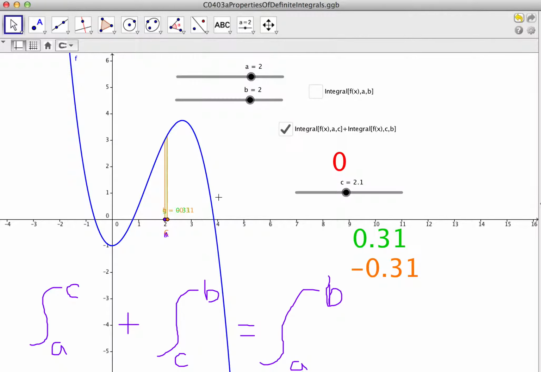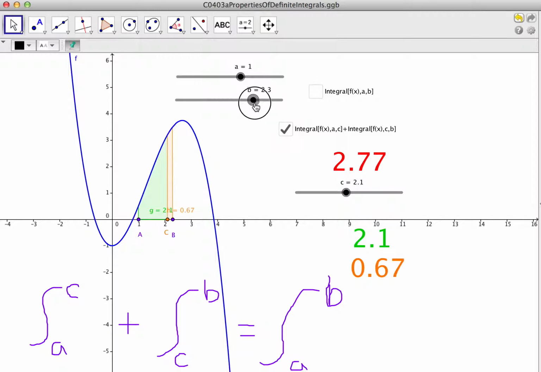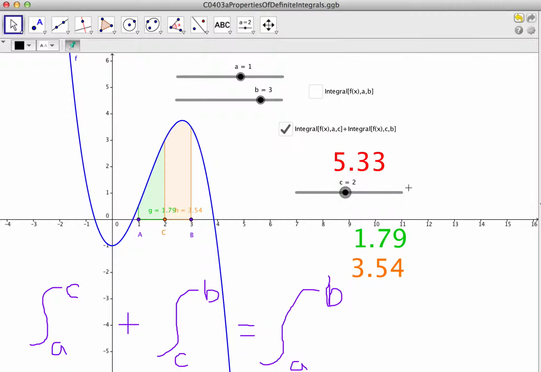If I want to look at the combination of area, I'm going to put my A back to 1, my B back to 3, and suppose I want to split that and move a C somewhere around 2.